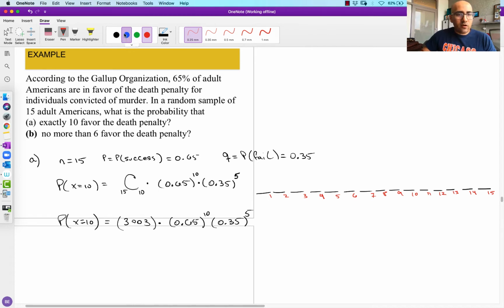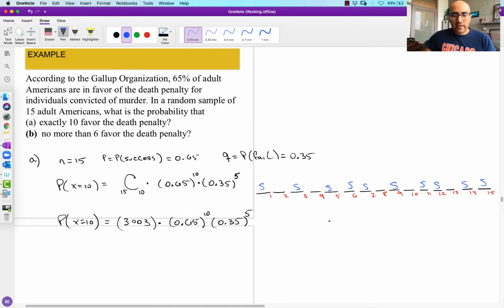So we just have to think about all the possible ways in which we can lay down 10 S's into this, right? Maybe this one's a success, this one's a success, this one, and this one's a success, maybe this one's a success. That's 1, 2, 3, 4, 5, 6, 7, 8, 9, 10.